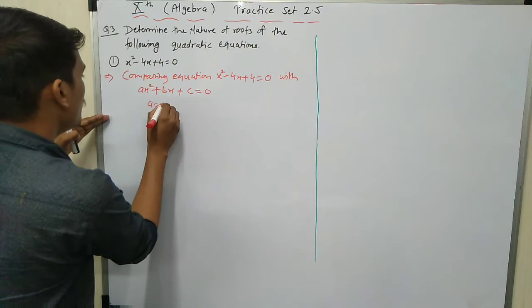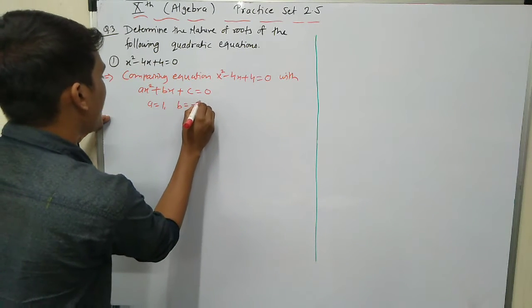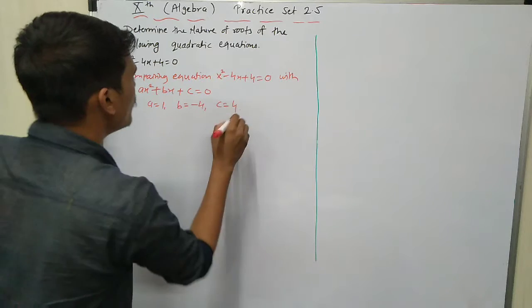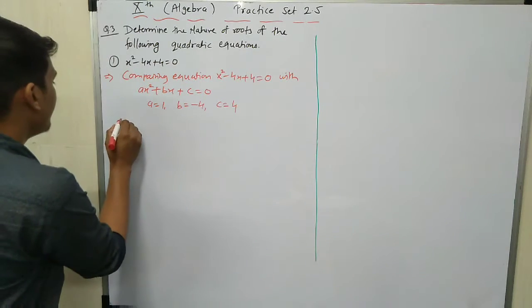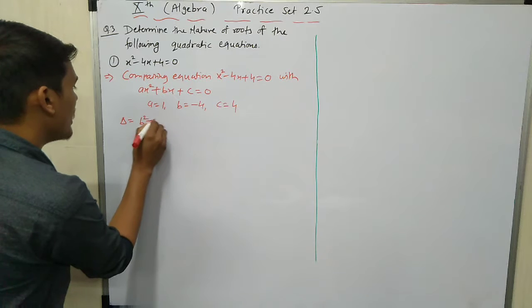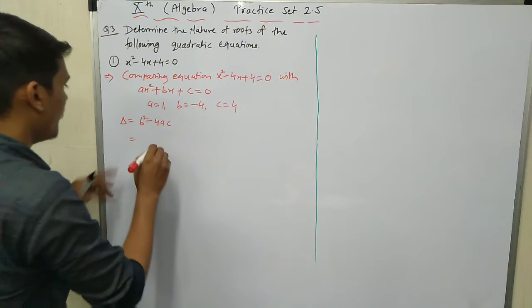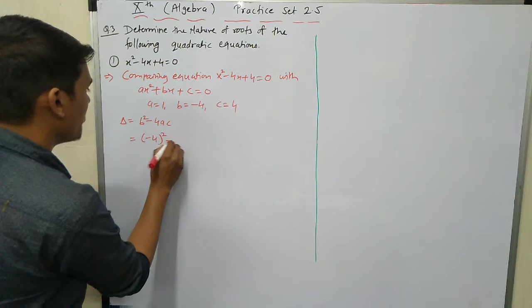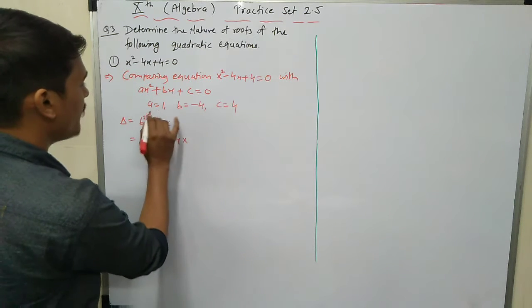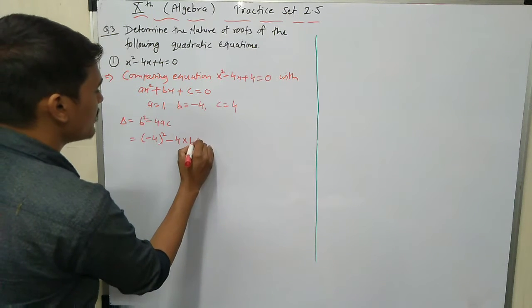A is equal to 1, b is equal to -4 and c is equal to 4. Understood? Now put here delta is equal to b square minus 4ac. b square means -4 whole square minus 4 into value of a, which is 1, and c, which is 4.